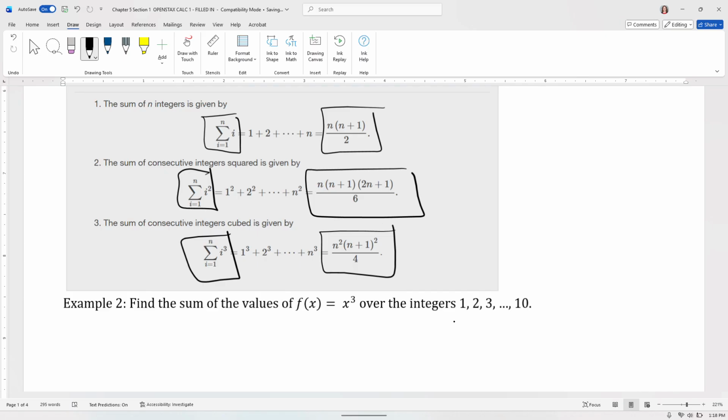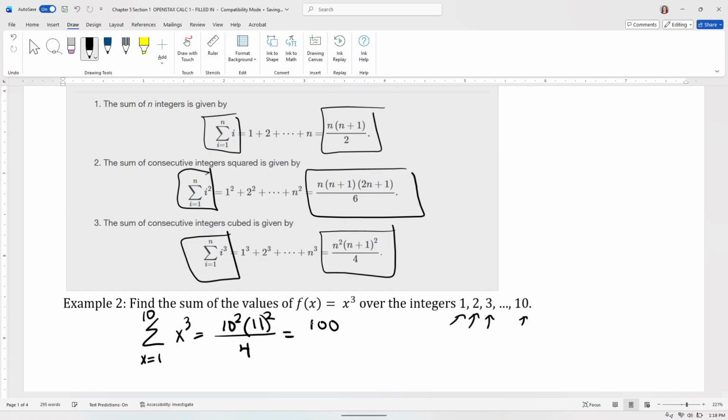Since it starts at 1 here, we can use the cubic formula. So here it's find the sum of x cubed over the integers when x is 1 and stops at 10. Well, if I use that formula, n is 10, n plus 1 is 11, over 4.